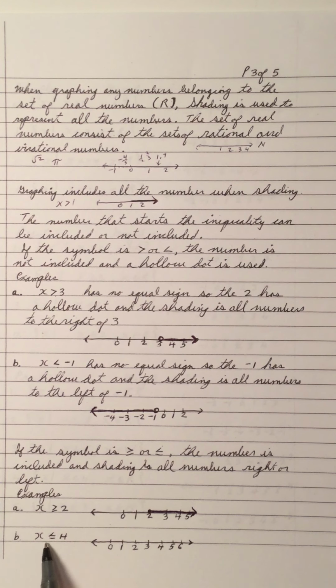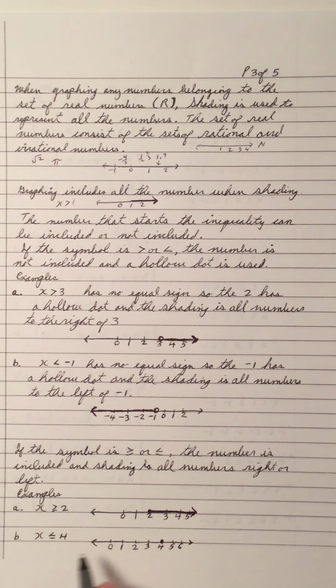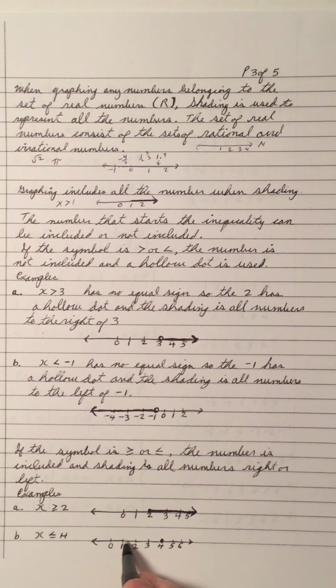And B, x is less than or equal to 4. So that means because it's equal to, 4 is included. So we make it a solid dot, like we do with integers. And that's pointing to the left, so we shade to the left. So there's the shading.